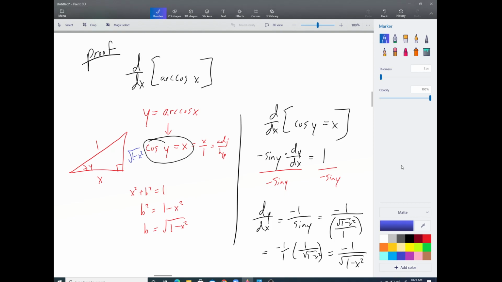And remember, this works because dy dx references this equation right here. So when we take dy dx, we are taking the derivative with respect to x of the arc cosine.